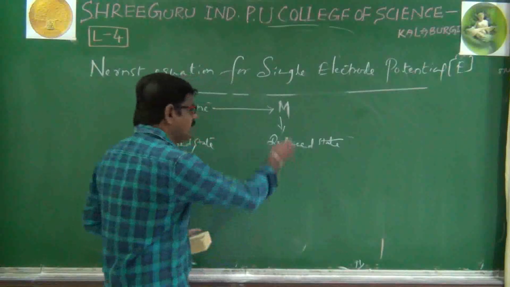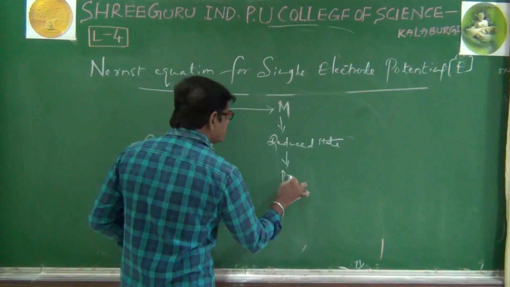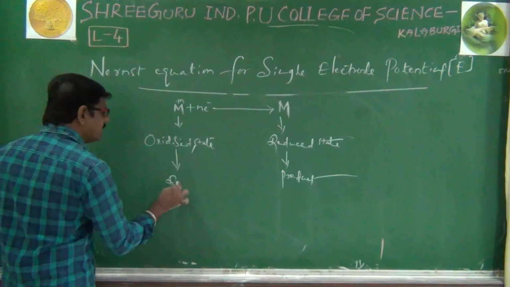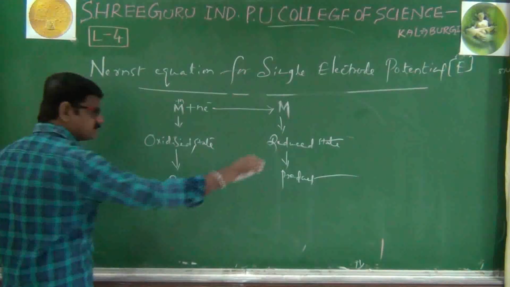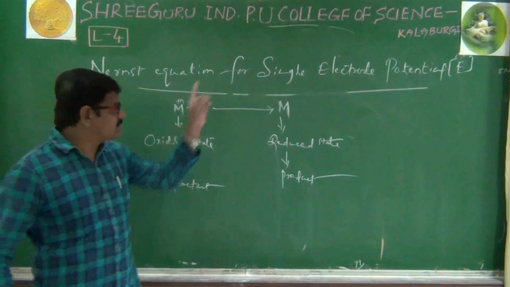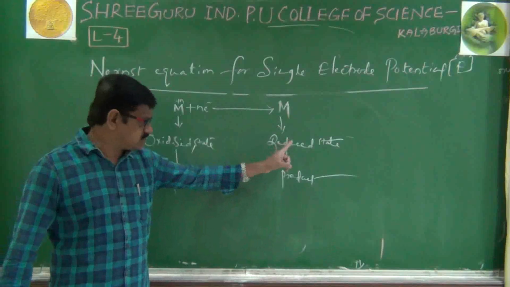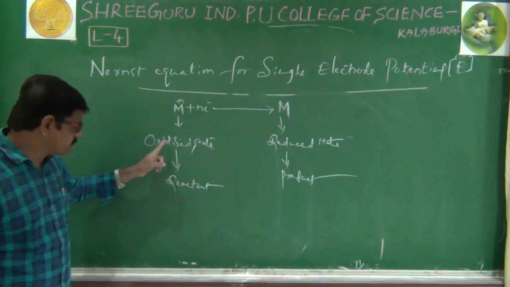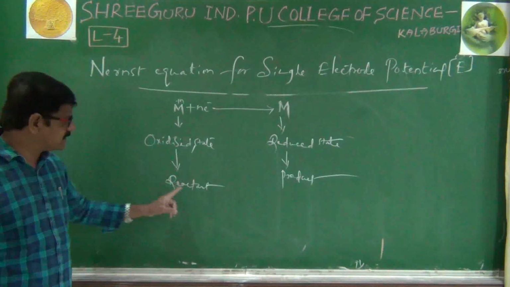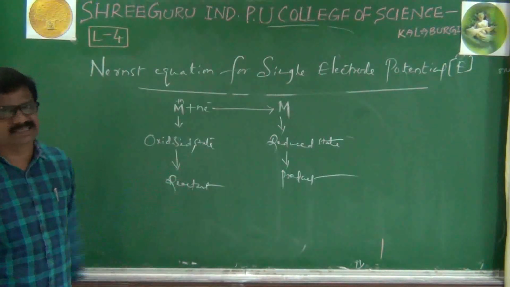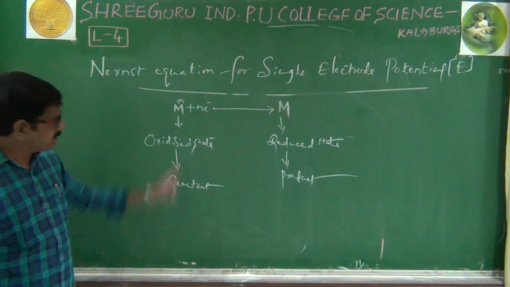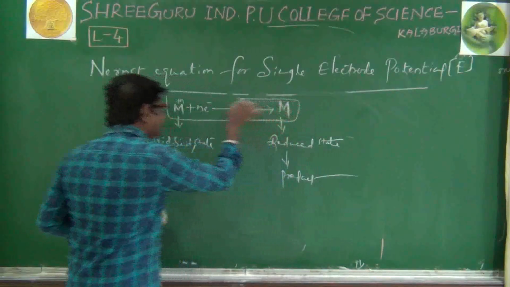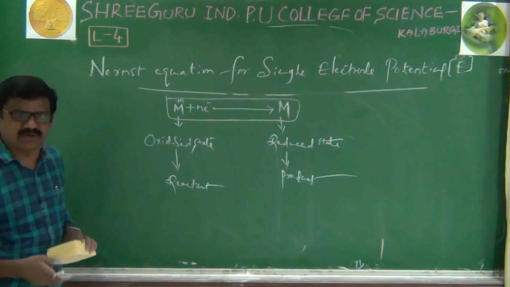Or we can also say the reduced state is nothing but the product, and the oxidized state is nothing but the reactant. Any word we can use. In the Nernst equation formula, we can use the reduced state or the product, and the oxidized state or the reactant, anyone. And compulsorily we have to take a reduction reaction only, a very important point.